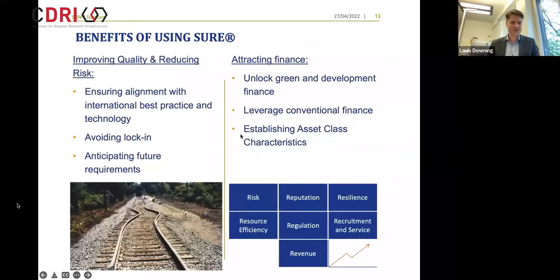Delving into some of those in a little bit more detail. So what are we talking about when we say improving quality and reducing risk? So three key points here is it's about ensuring alignment with international best practices and technology, avoiding lock-in to unsustainable development pathways, and anticipating future requirements.